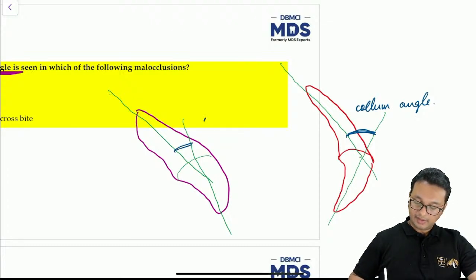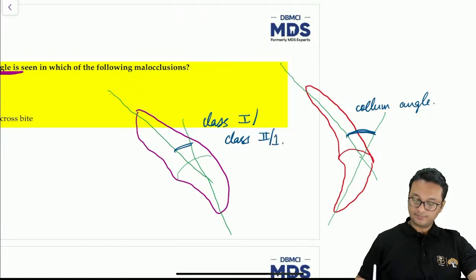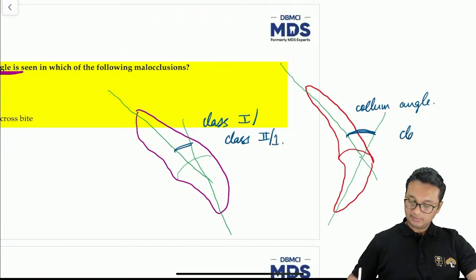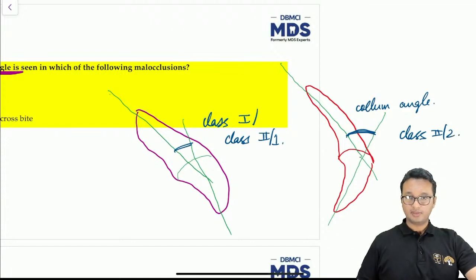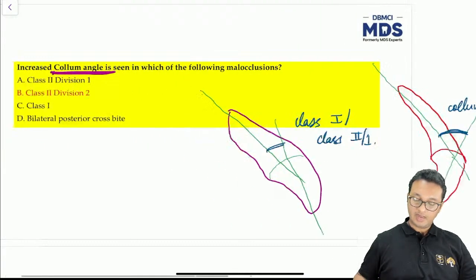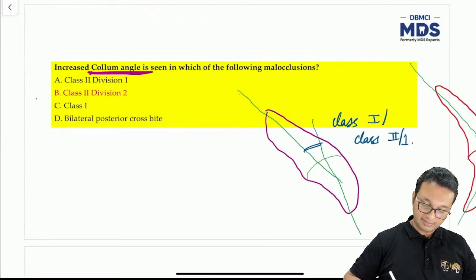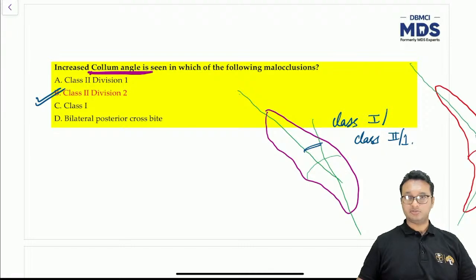This is a normal class 1 or class 2 division 1 malocclusion, whereas this is a class 2 division 2 malocclusion tooth. Compare the column angle between the two. So without any doubt, it is increased in class 2 division 2 malocclusion. Okay.